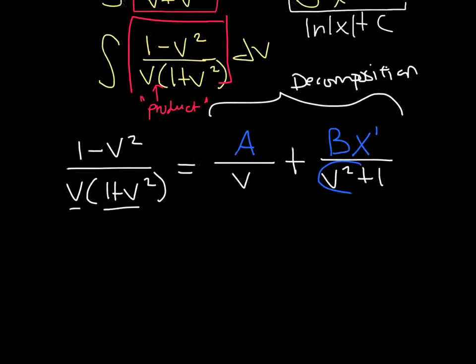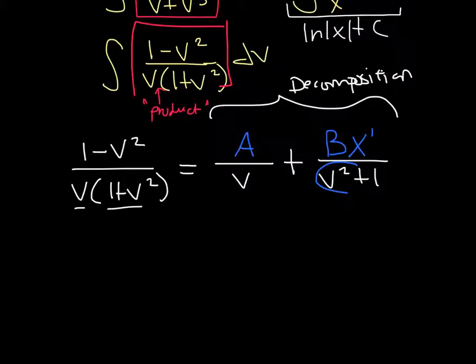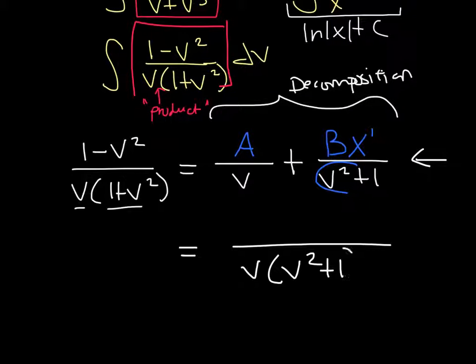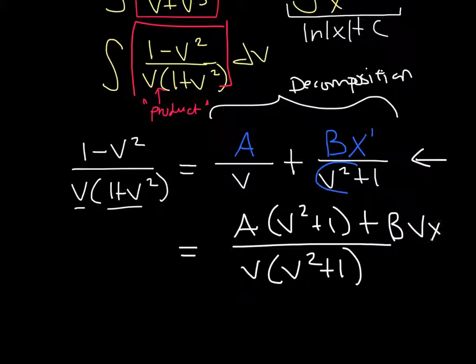Okay, so this is, again, hopefully a review. And if I combine these fractions, right, this is just from Algebra 1, if you want to know how to add fractions, you're just going to get the common denominator, and then this is going to be A times v squared plus 1, plus Bv times v.